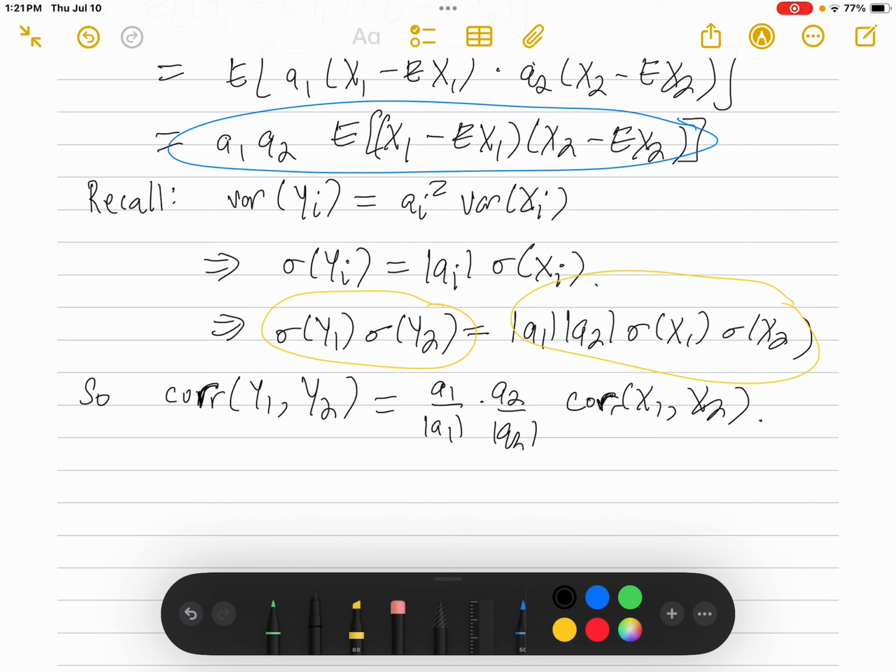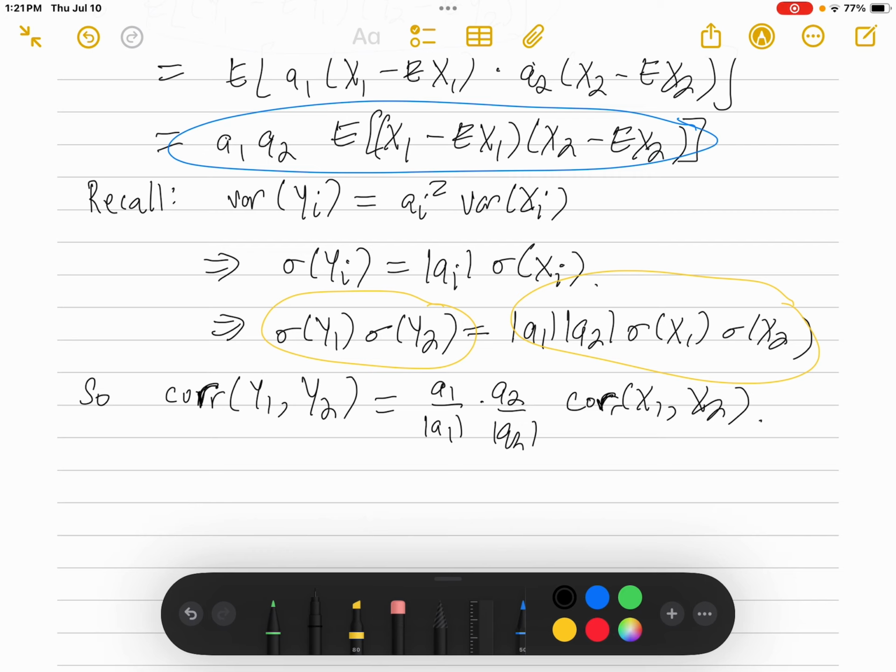They're the same, because your a1 and a2 are some positive numbers. And when you divide by the absolute value, the absolute value of a positive number is the same as the number, so you're just multiplying by 1, so the correlation doesn't change.